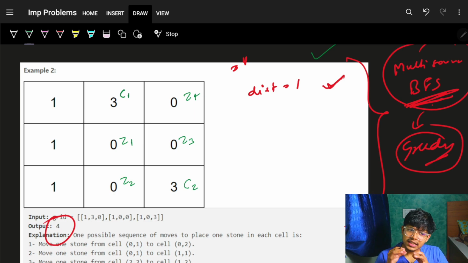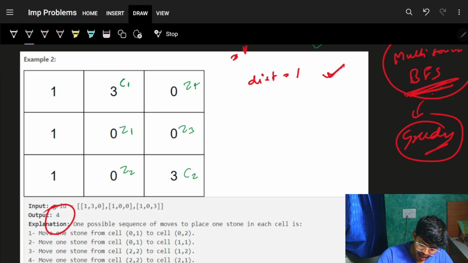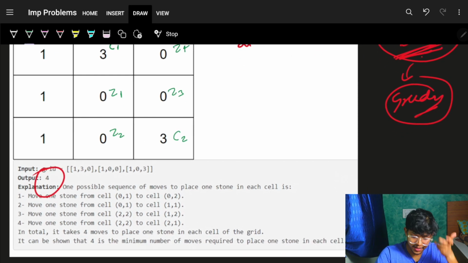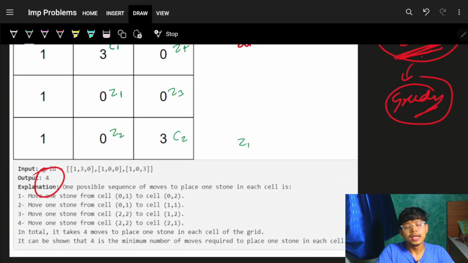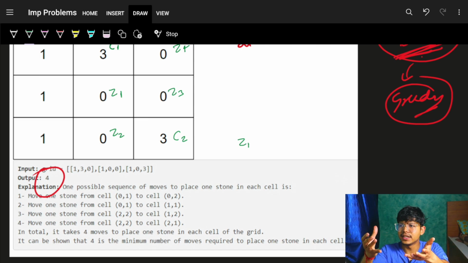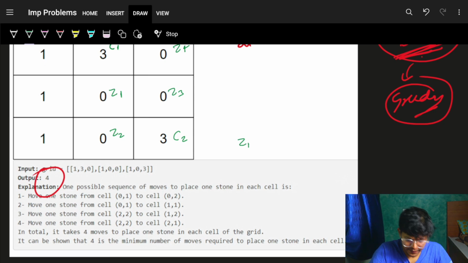Now my main target is to start with, let's say, this Z1 cell. My task is ultimately to assign or have an order, so that the cell Z1 can take a stone from C1 or it can take a stone from C2. Anyway, it's possible.